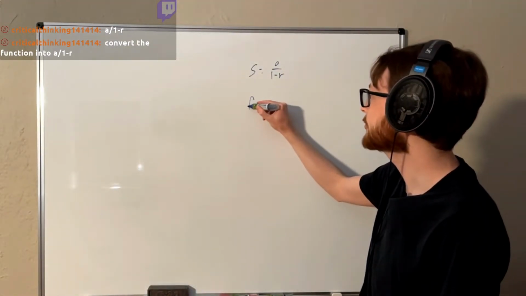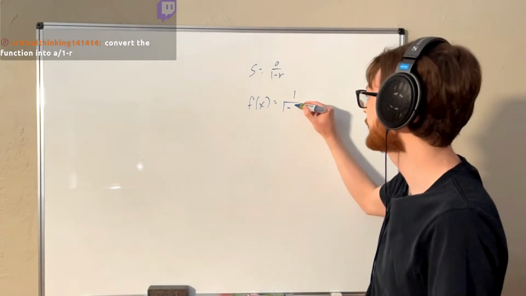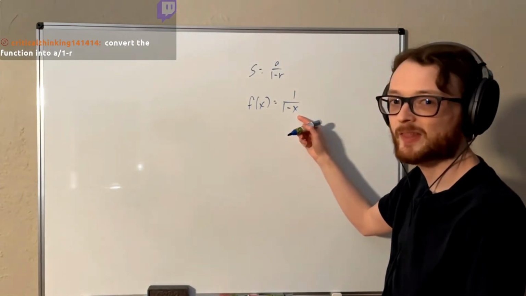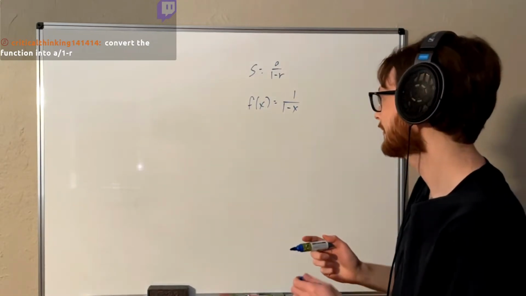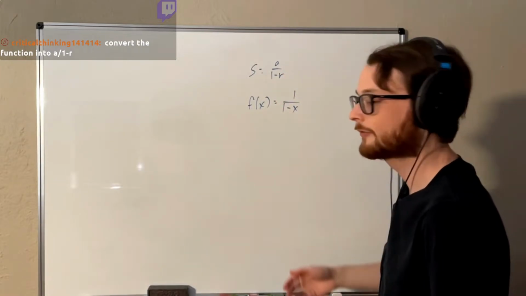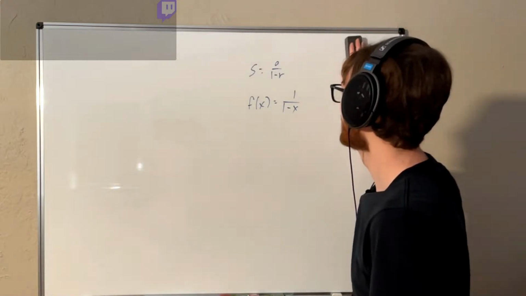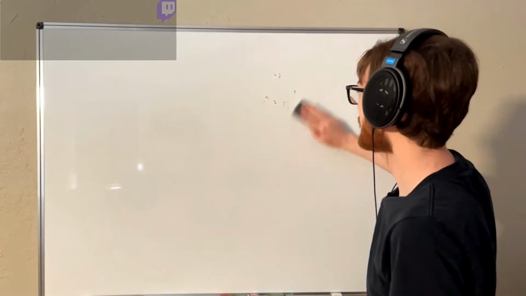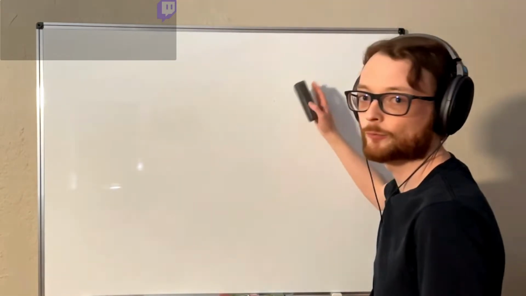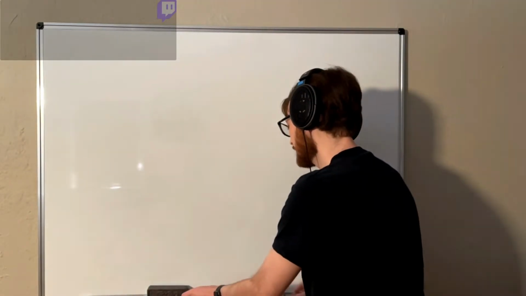If you happen to get a function that's a number over 1 minus your variable, you could say that that's the sum of a geometric series. That's the idea they're using here, where instead of r you have x, and that makes it a power series. But we don't usually have a situation that's that clean as 1 over 1 minus x, so we have to do some kind of transformations here.